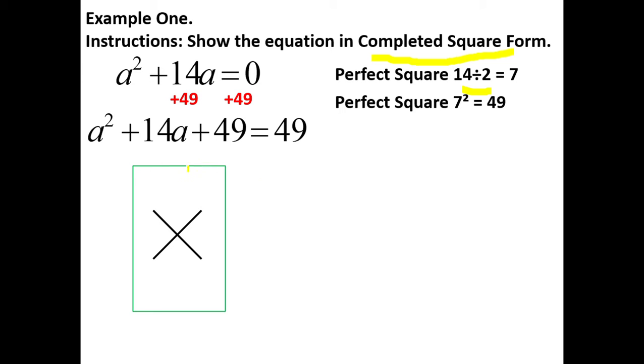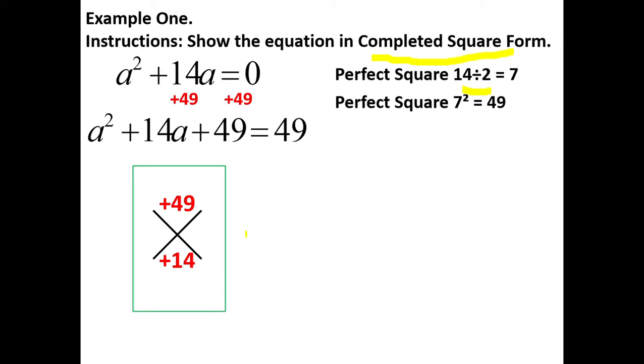So to use the puzzle box, we take the last term and put it on the top, and we take the middle term, the plus 14, and put it on the bottom. Now we have to figure out the two numbers you multiply together to get 49 and add together to get 14.